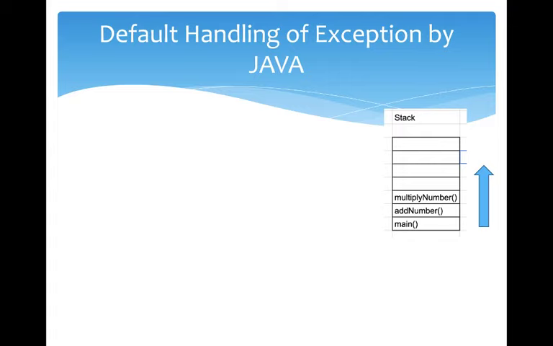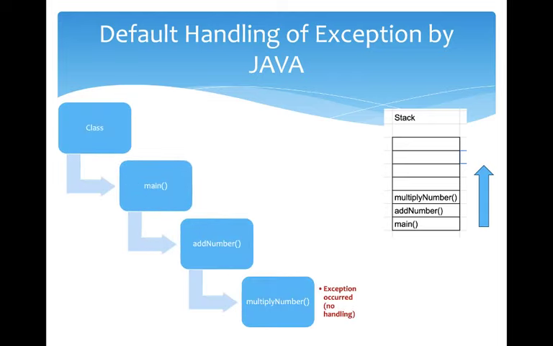By looking at that message, you should know where to go and what to fix. So first we'll go through how Java handles an exception by default if you do not have any exception handling in your program. Let's take an example. As you know, in Java we have packages, then we write classes inside them, and inside a class we write multiple methods.